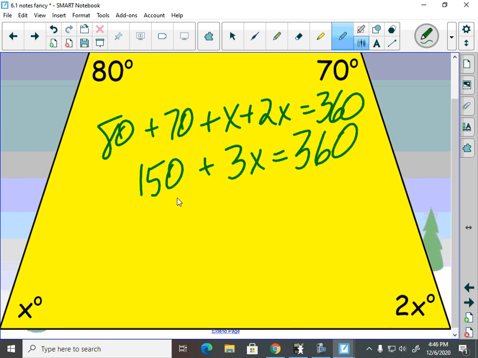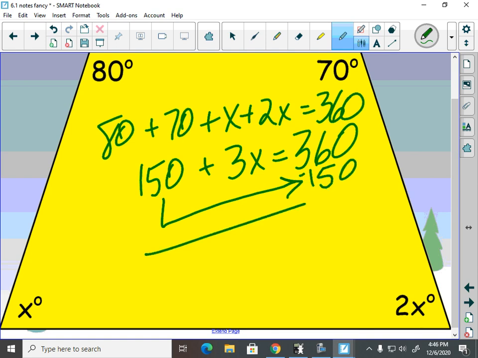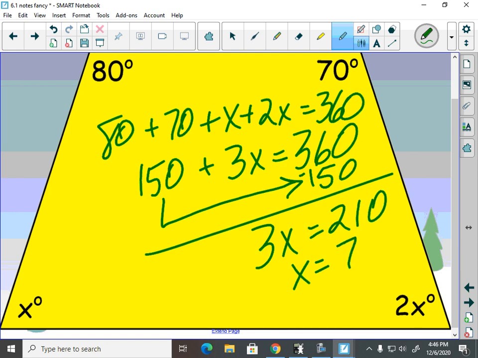I want to move that over there by doing something like that. 3x equals 210. X equals 70. I'm moving on. You may have to pause the video. You should probably write this one down because that would be a great exam question. I'm moving on right now.